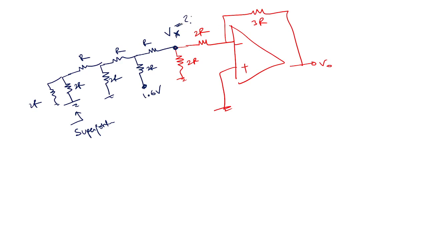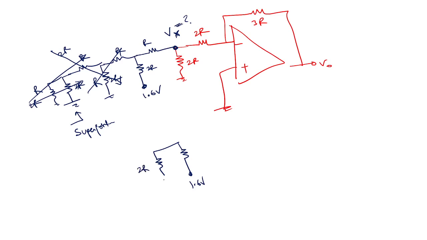Now to find Vx, you can find the equivalent, right? 2R, 2R in parallel will be R. R, 2R in series, 2R. 2R, 2R in parallel, again R. R, 2R in series, 2R, right? So effectively, this is 1.6 volt. Sorry, I forgot what this value is. Anyway, 2R, 2R, R, 2R, then R, then 2R, right?